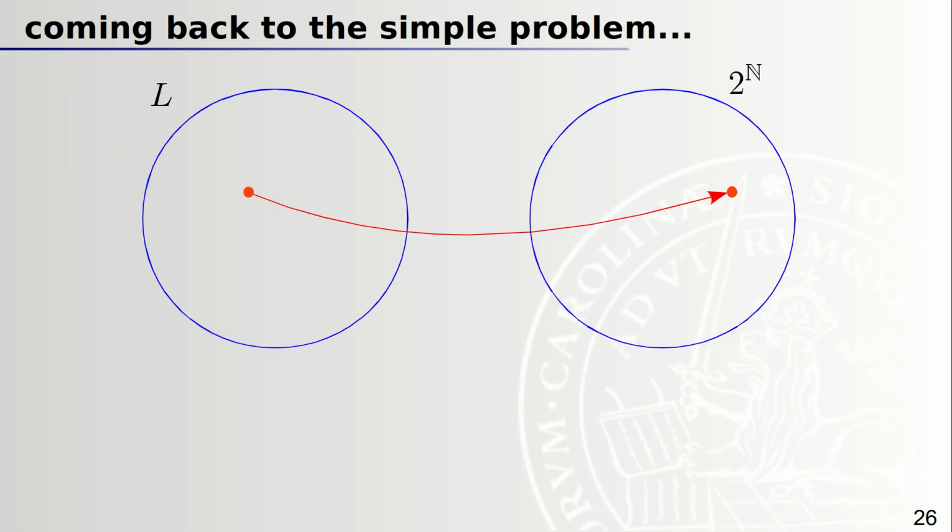Coming back to the problem from the first segment, let us now compare the size of the sets involved. First, how many programs can there be in any language L?